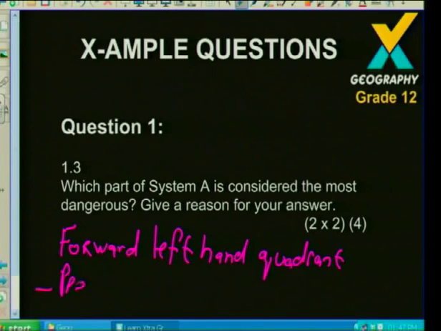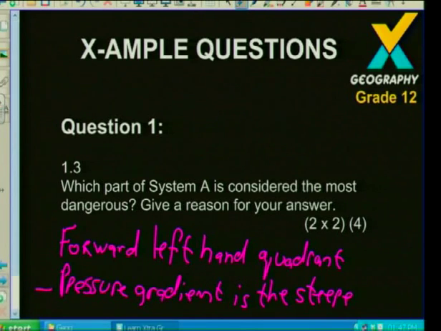So we can give a reason: this is where the pressure gradient is the steepest. That is why it's there, because remember the pressure gradient is steeper, air moves faster in that region from low pressure to high pressure.